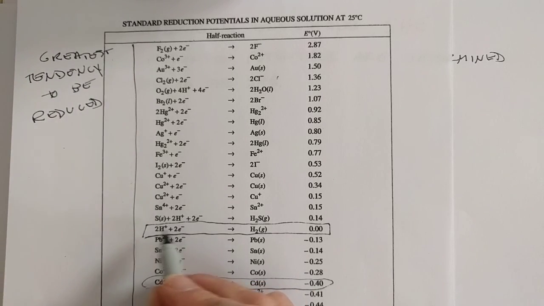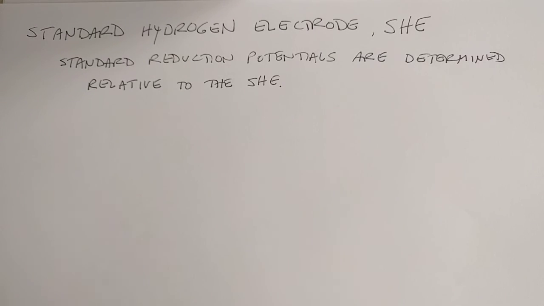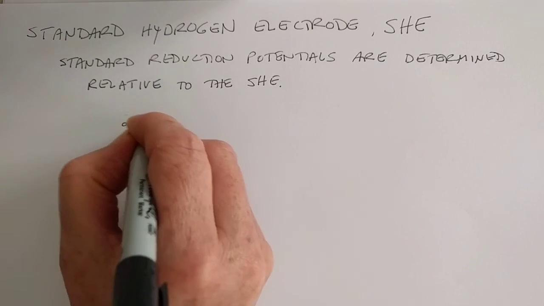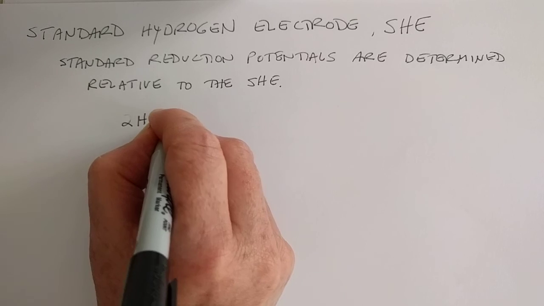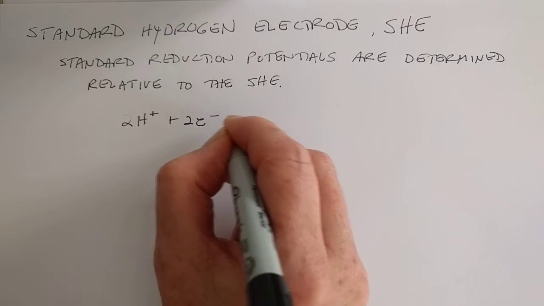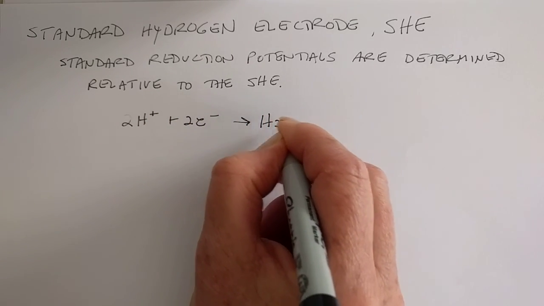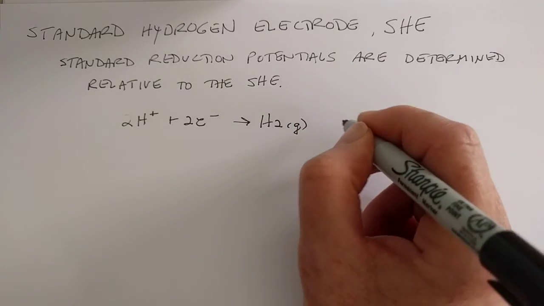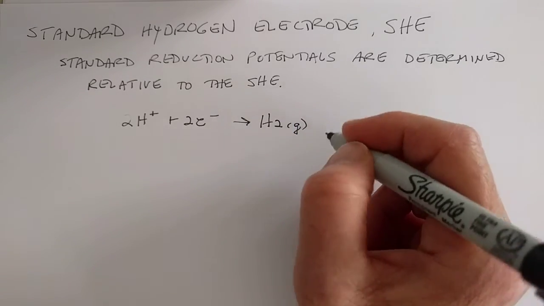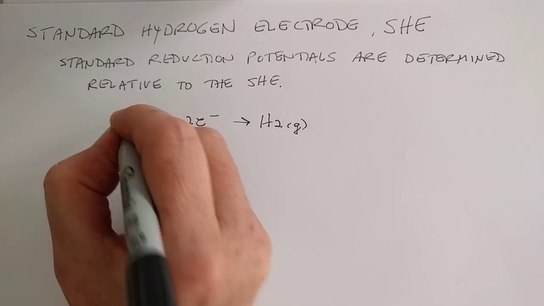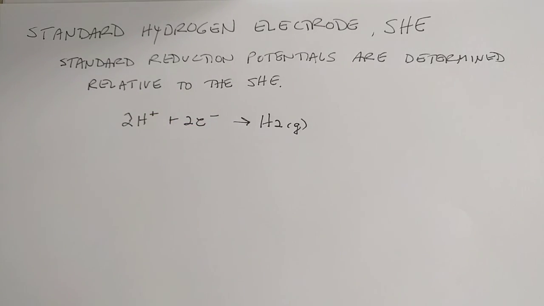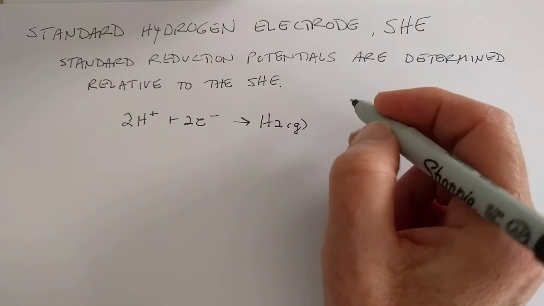All right, so we can write this for oxidation or reduction. We can say that 2H plus 2 electrons gives us H2 gas. And this is a reduction. The hydrogen ions are going from plus to 0 down the number line.